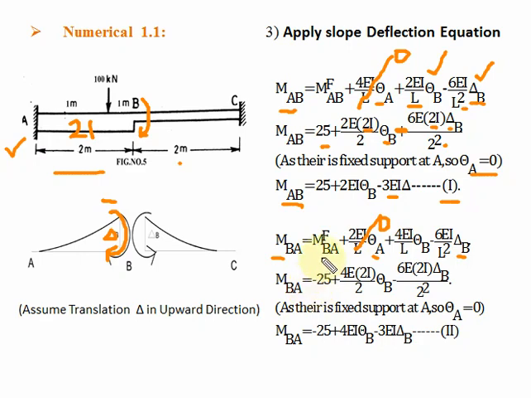Now put the value of MFBA. So MBA is equal to minus 25 plus 4 EI, I means 2I divided by 2 into theta B, which is unknown, minus 6 EI into 2I into delta B divided by 2 square. So finally we have MBA is equal to minus 25 plus 4 EI theta B minus 3 EI delta B. Let's say equation number 2.